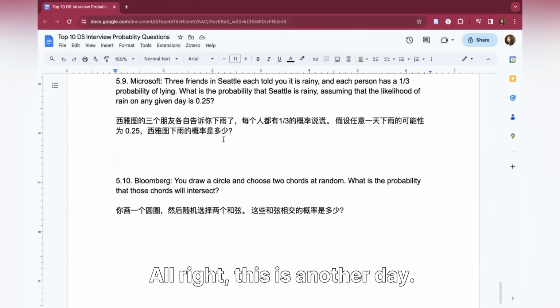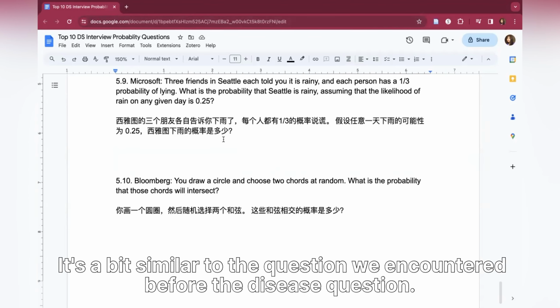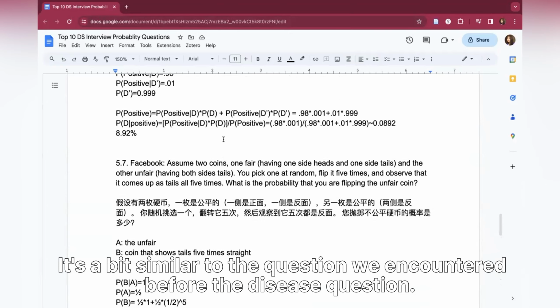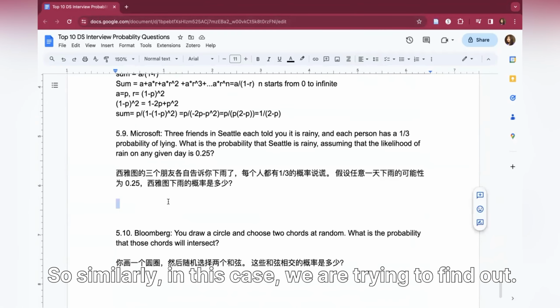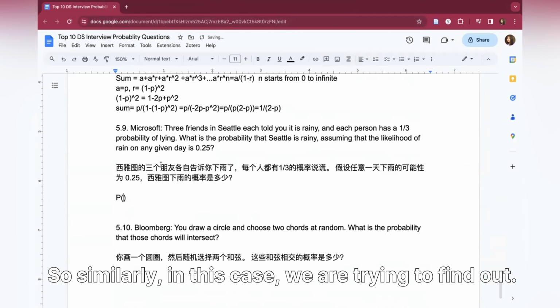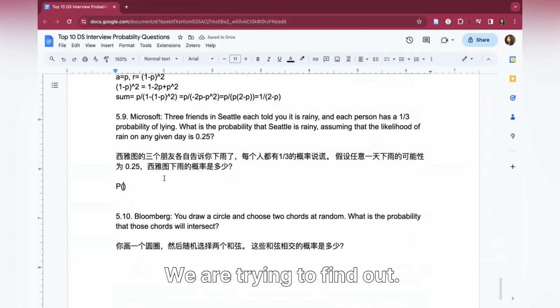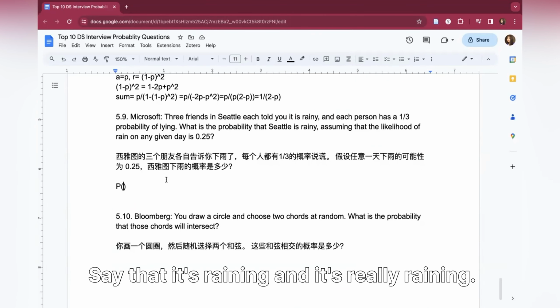All right, this is another Bayesian theorem question. It's a bit similar to the question we encountered before, the disease question. So similarly, in this case, we are trying to find out when the three friends say that it's raining and it's really raining.